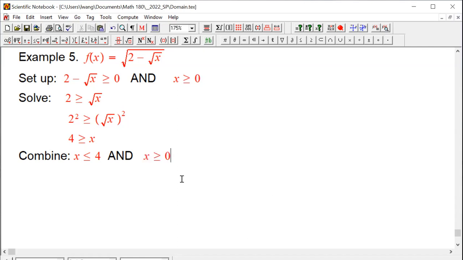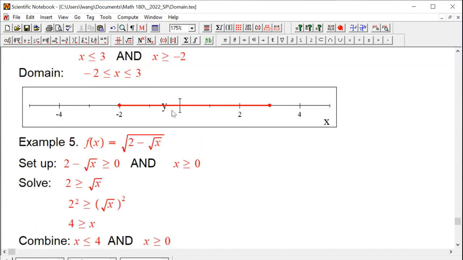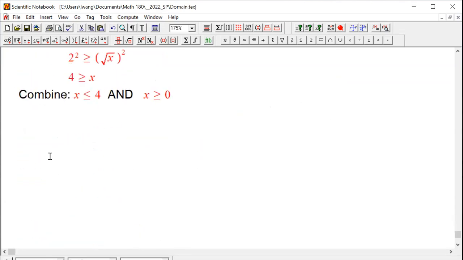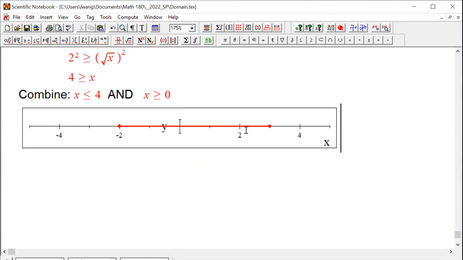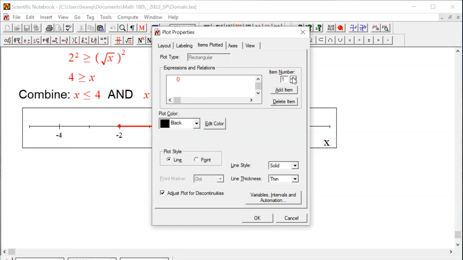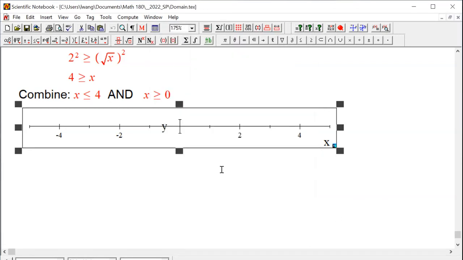What would that be? If we take this number line, I'm going to clean it up. Less than or equal to 4, greater than or equal to 0. So this is 0, there's a 4.